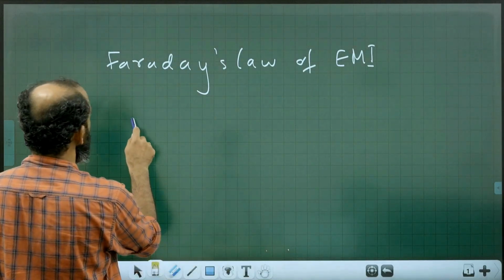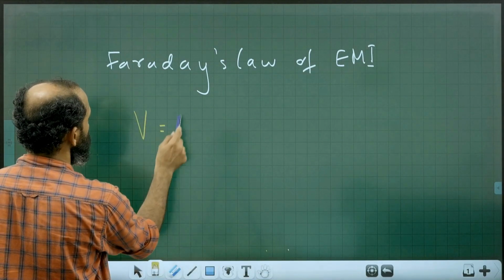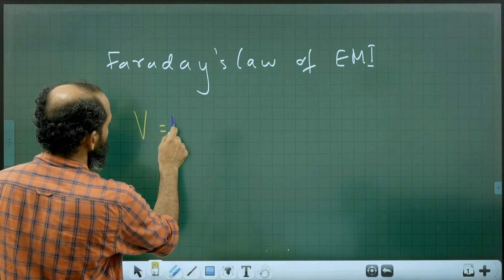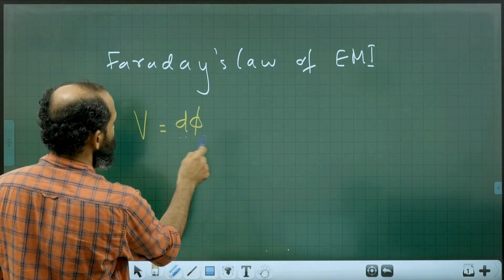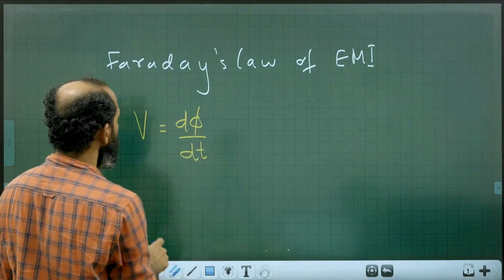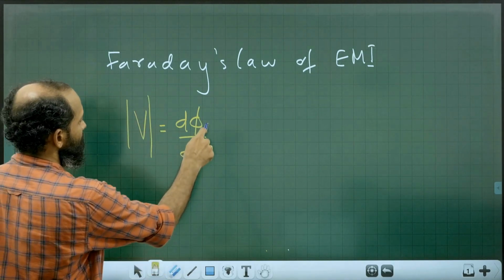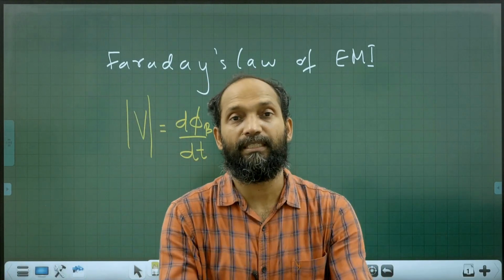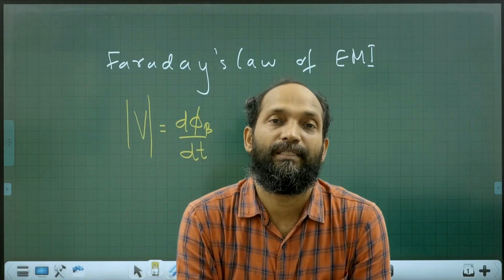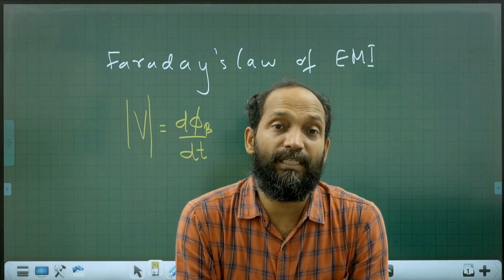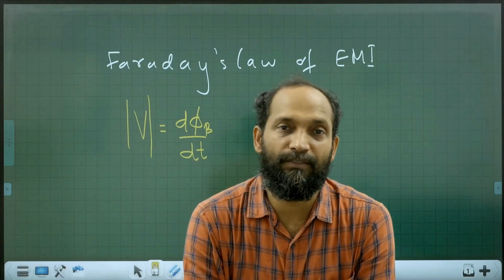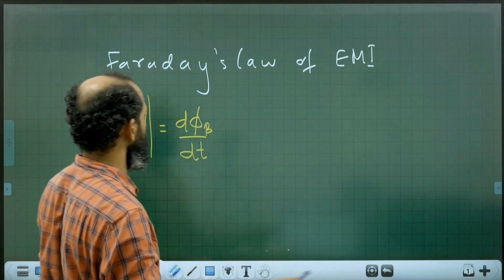It says that the induced voltage V is equal to the rate of change of magnetic flux. That is the magnitude of induced voltage. The magnitude of induced voltage at the ends of a coil in a time varying magnetic field is given by d phi by dt, where phi is the magnetic flux.